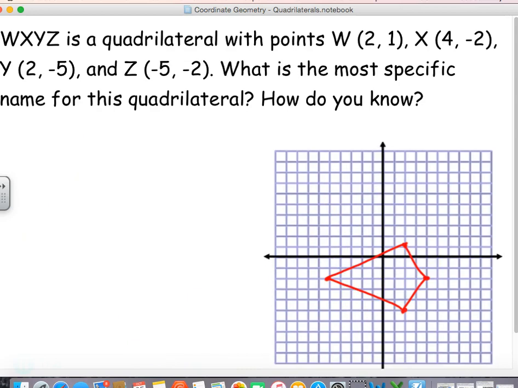Okay, so first of all, let's figure out the slopes. So if I want to figure out the slope of WX, I'm going to count down and over, down 3, so it's -3, and over 2. So the slope for WX is -3 over 2. And then I'm going to figure out the slope for XY. So I say, all right, we'll go up 3 on Y and over 2, so it's +3 over 2.